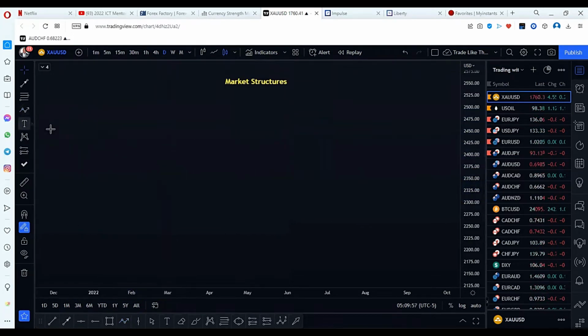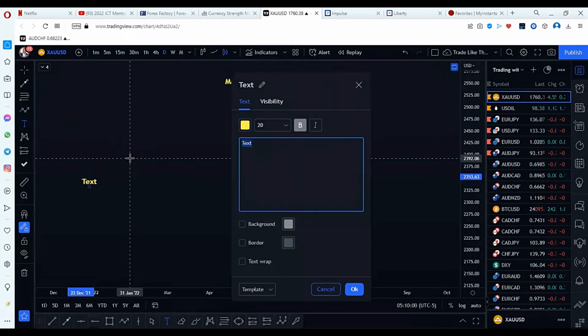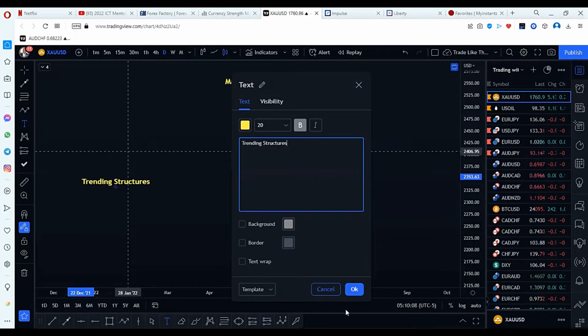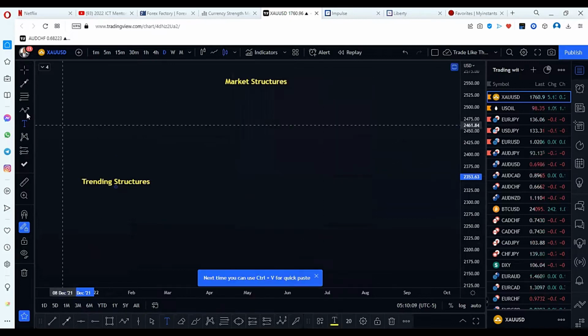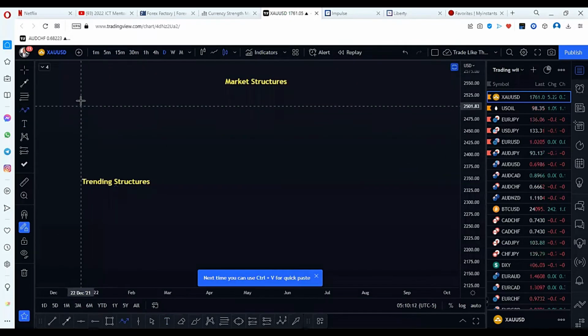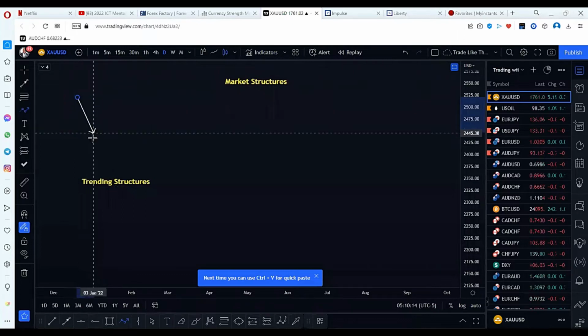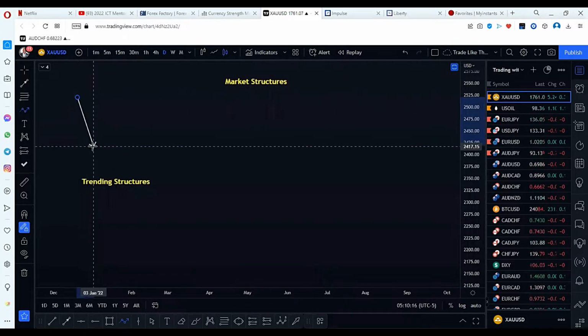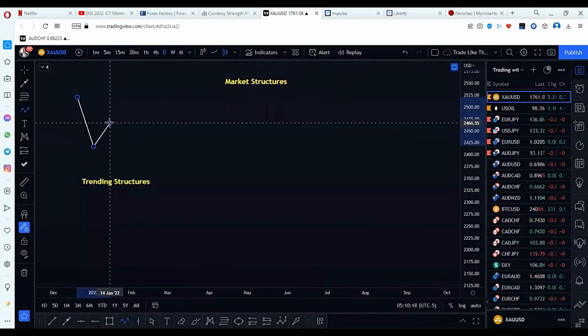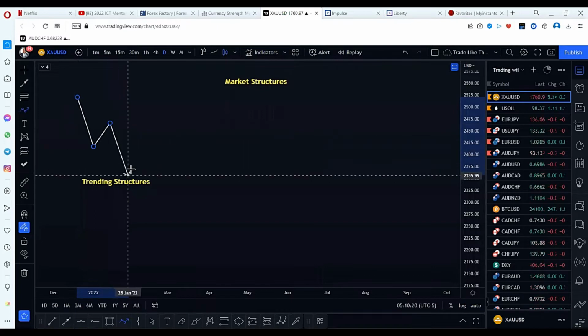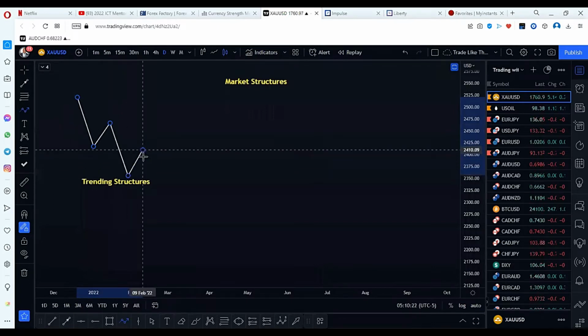Actually, let me type this first right here. Trending structures. So that is when price is pushing down, then it's going to push up, push right back down, and pull back up.